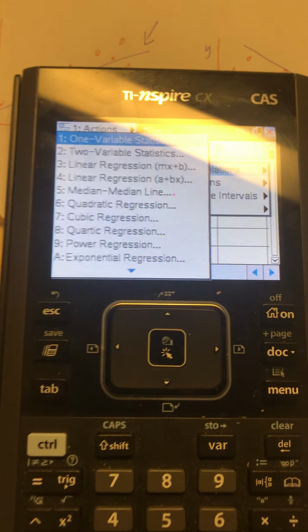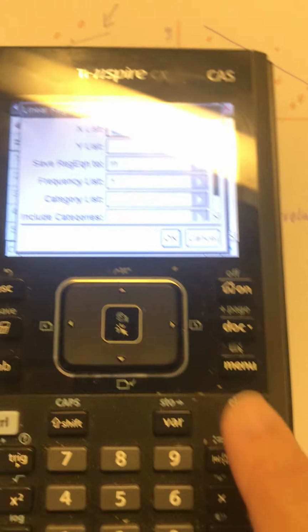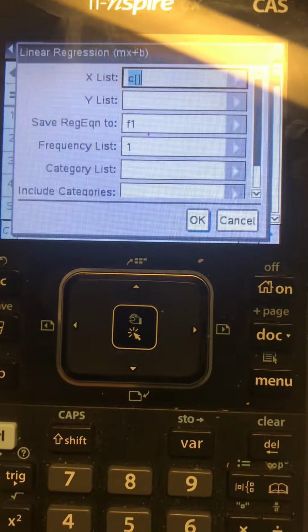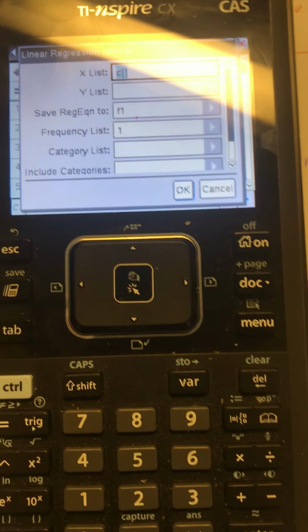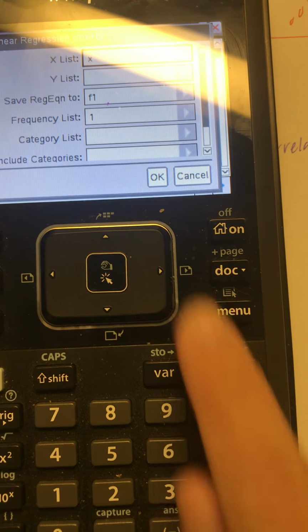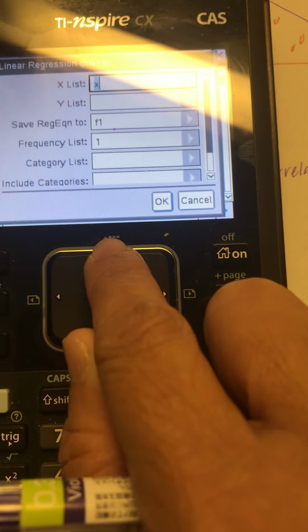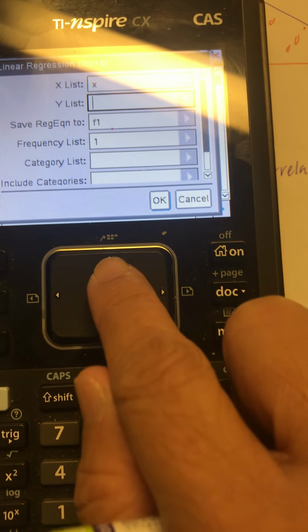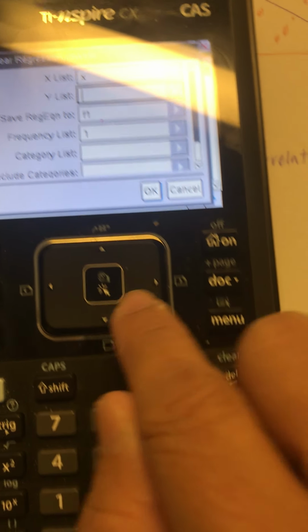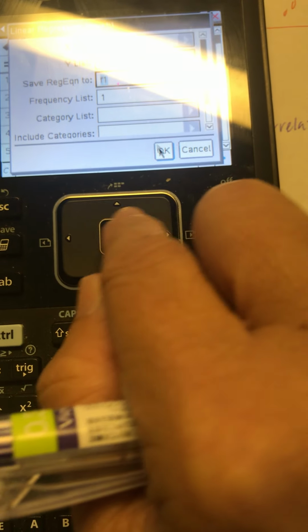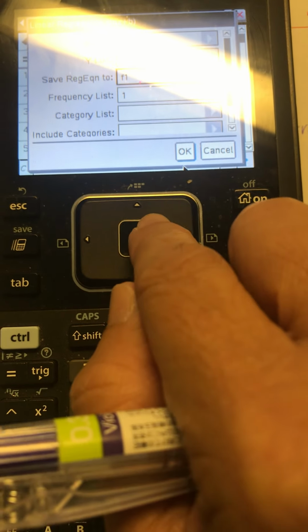So you go to 3, and here the calculator is asking you, where do you want me to get your X list? Where initially you labeled your X list as X. And then your Y list is Y. And you just press OK.